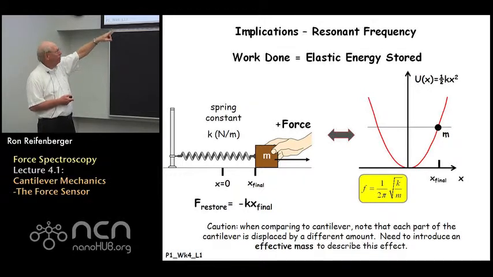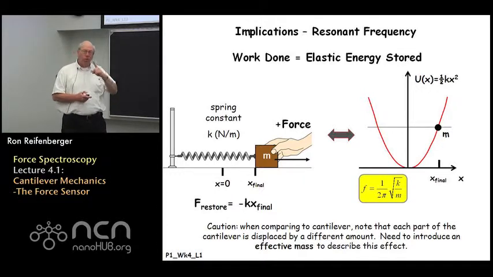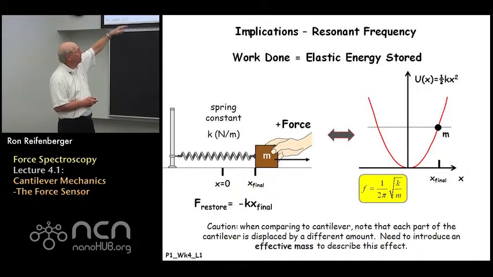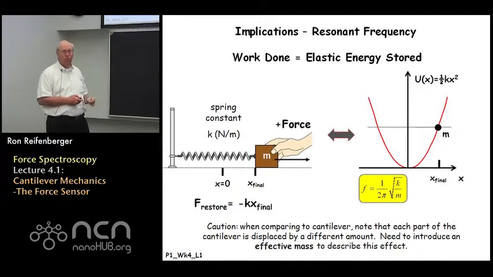There's a proportionality factor of 1 over 2 pi in there to convert the angular frequency into a frequency f measured in hertz. So the point I'll make is when you do this experiment, the entire mass is oscillating with the same amplitude of oscillation. It oscillates back and forth in this potential well.